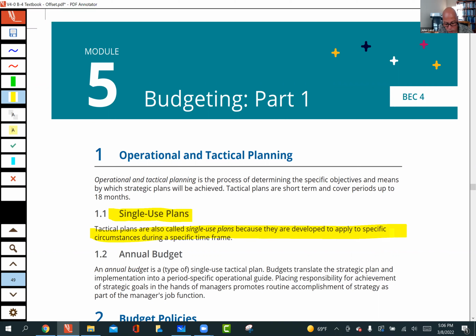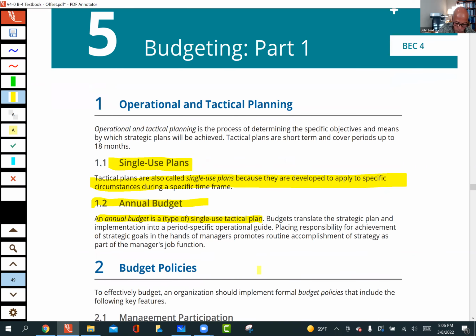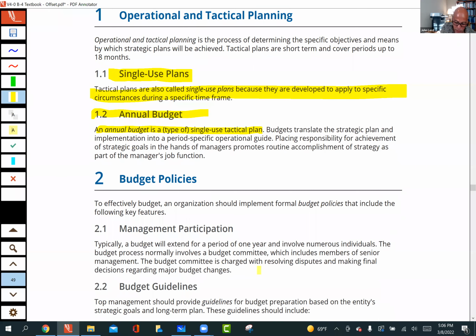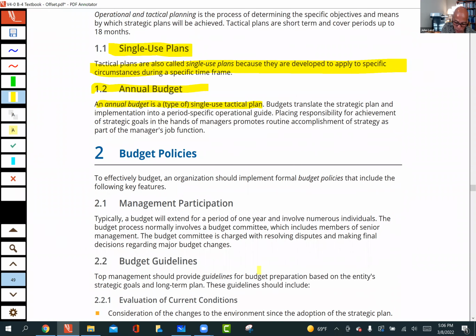Single-use budgets are also called tactical plans, and the annual budget would be an example of a single-use tactical plan. So a single-year operating budget is really where we're going to be focusing our attention tonight. And as I said, we'll get into variance analysis later.